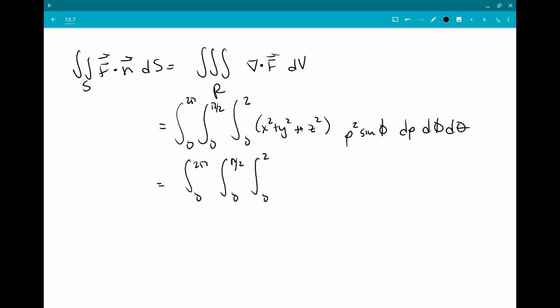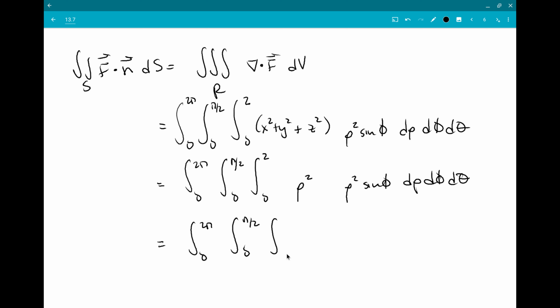So x squared plus y squared plus z squared we know is just rho squared. So that's going to be the integral from 0 to 2 pi, 0 to pi over 2, 0 to 3, of rho to the fourth sine phi d rho d phi d theta.